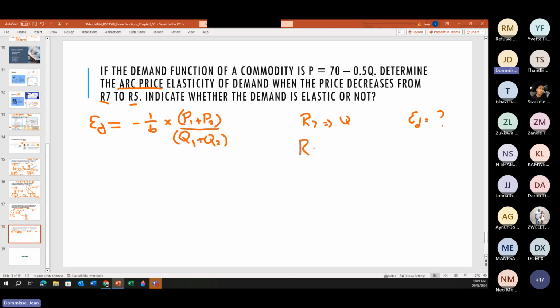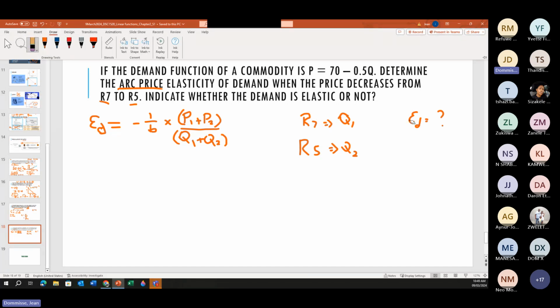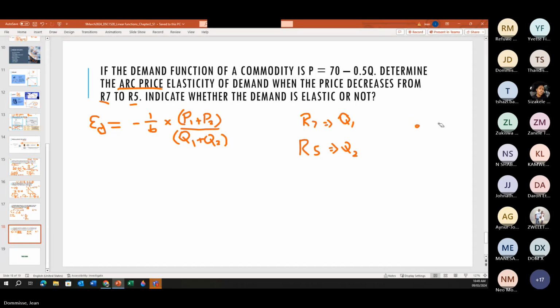For the 5 rand, we will need to work out a quantity. That is the first thing we will need to work out, else we will not be able to complete it, because we need Q1 and Q2.